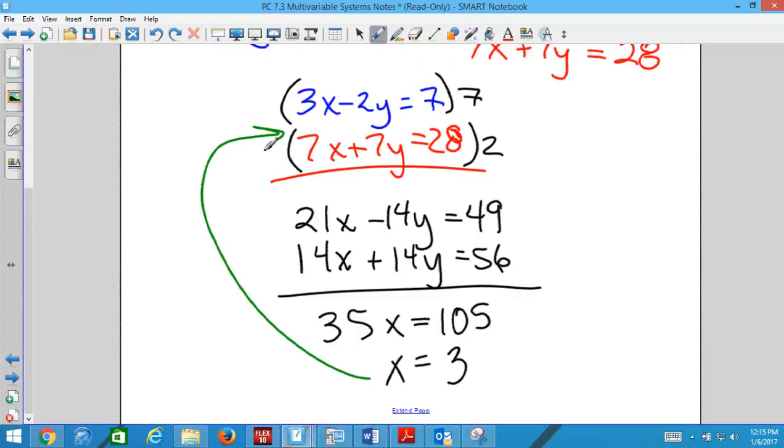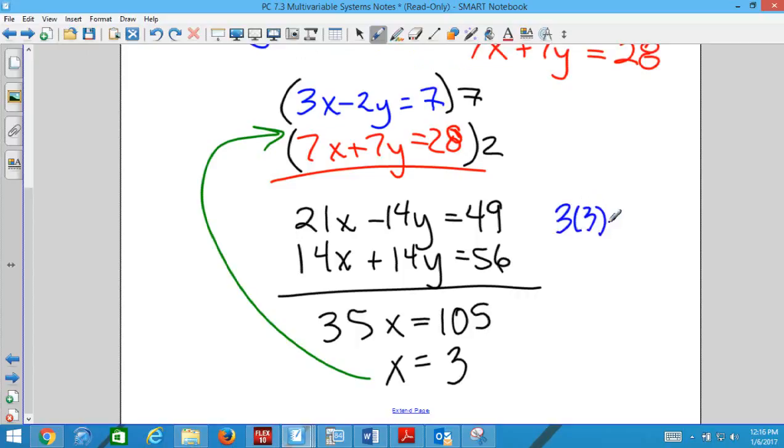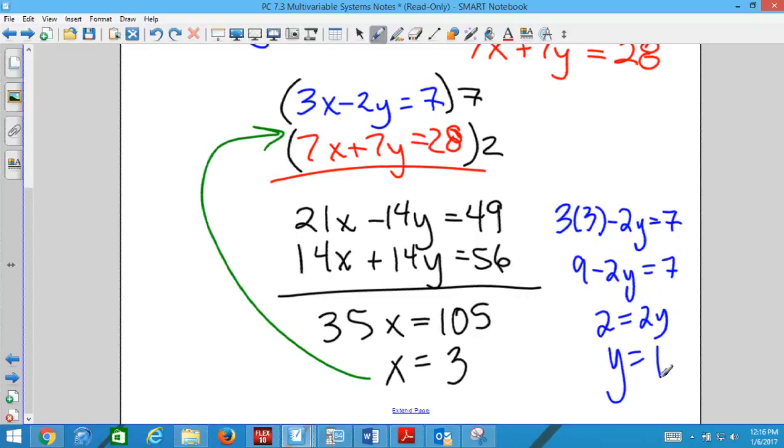Top one, the blue one, is that okay? Yeah. It doesn't really matter. 3 times 3 minus 2y equals 7. So y is 1.